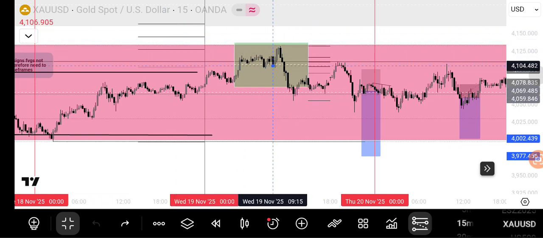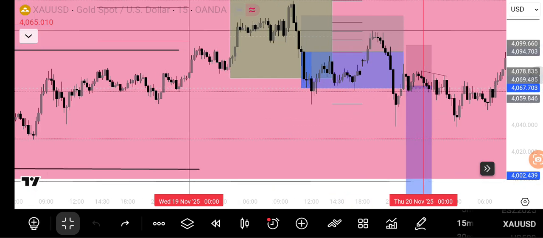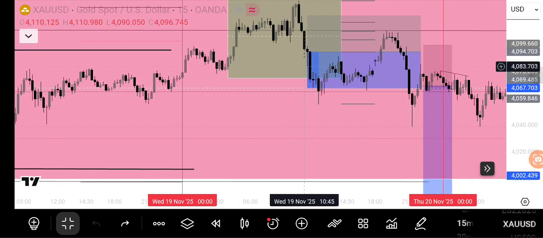So I could have waited for the market structure shift to be confirmed. Sometimes a fair value gap might not be traded into at first. A good example is this time frame, this price action over here.